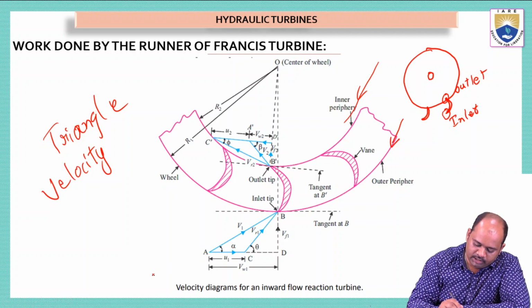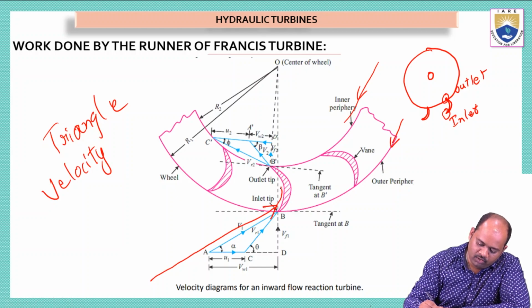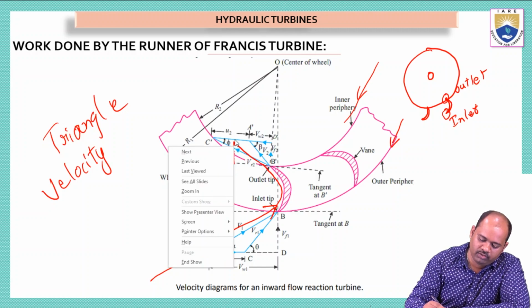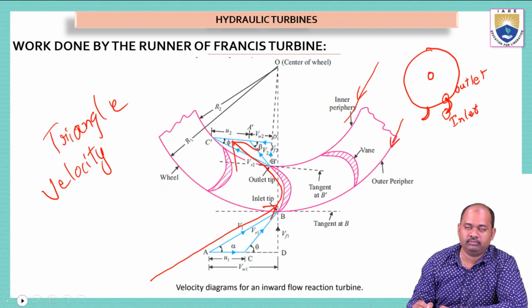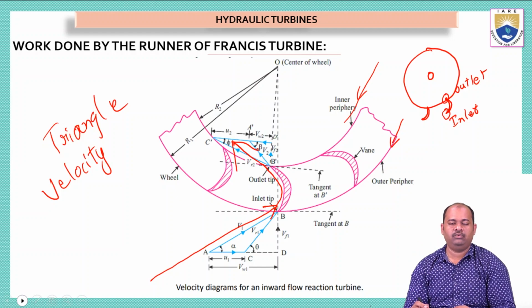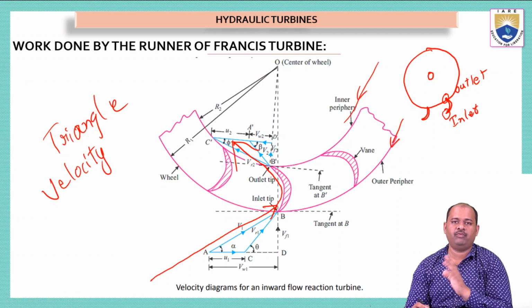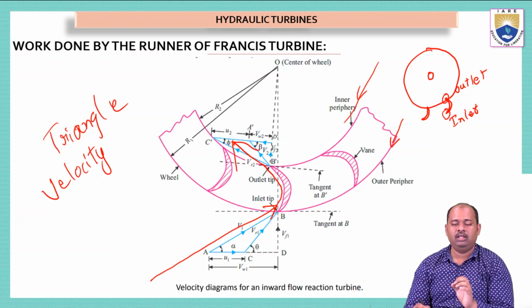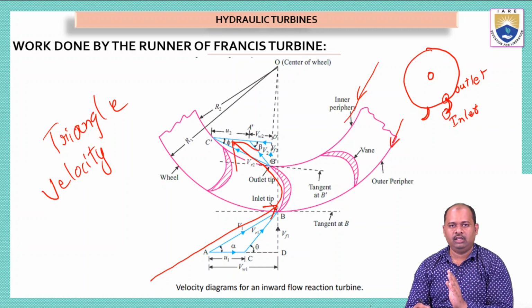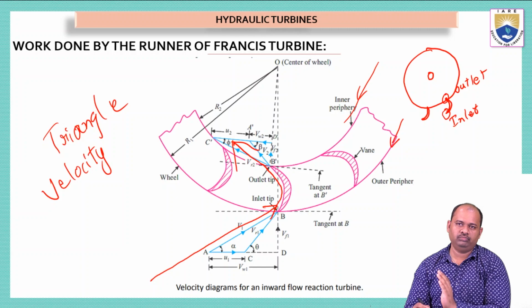The water that is coming out from the penstock, it will enter here. It will travel along the surface of this vane and finally it comes out in this direction. Okay. Now we can see the water is traveling along the surface of the vane. That is where it will create some force on the vane and this vane will tend to move.